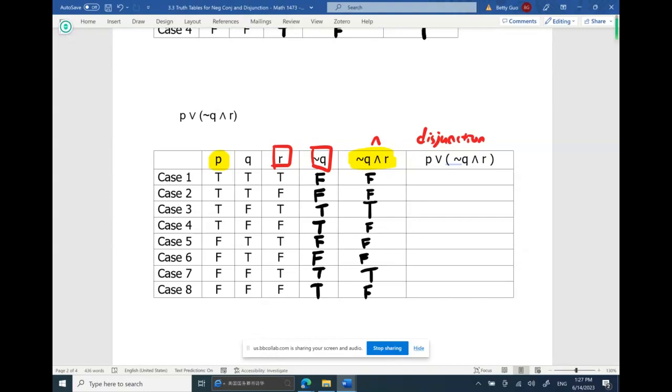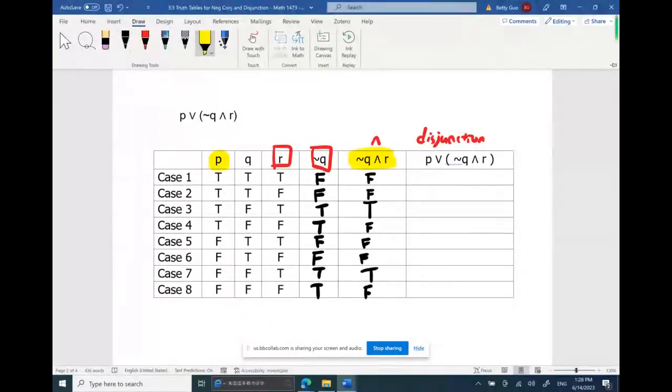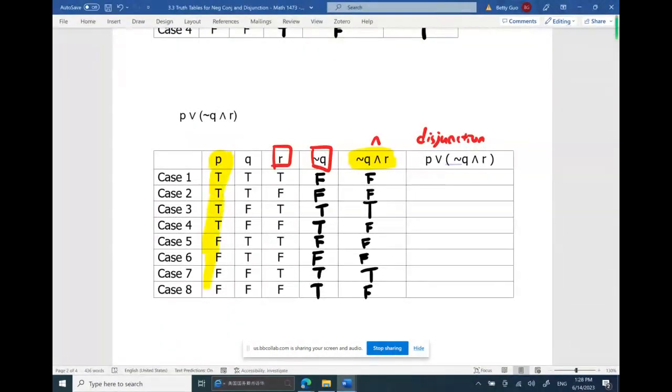Okay, so now we are ready to find the truth values for our target statement. Our target statement is a disjunction. Are the two yellows, the first column and this column, the two components for the disjunction?